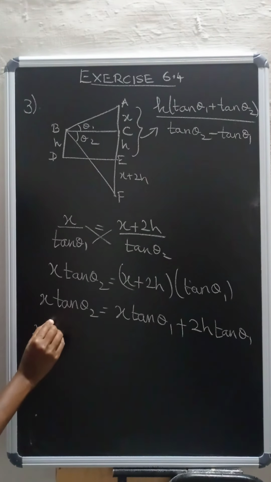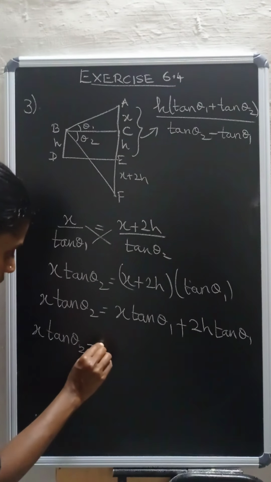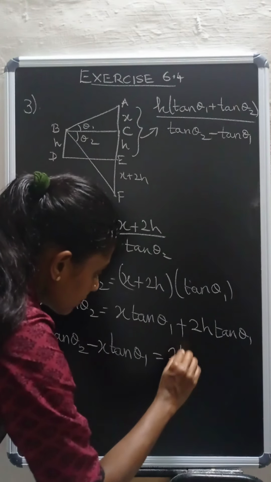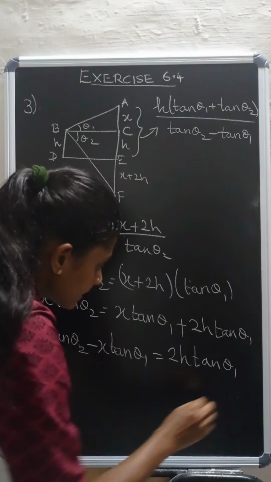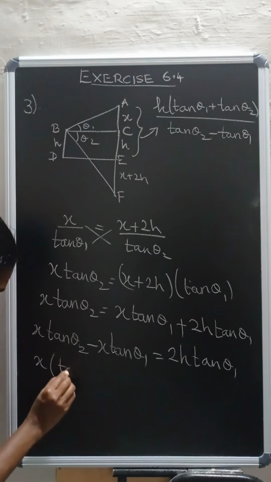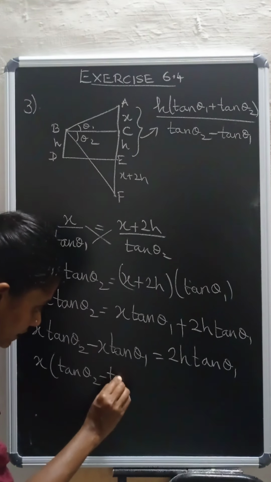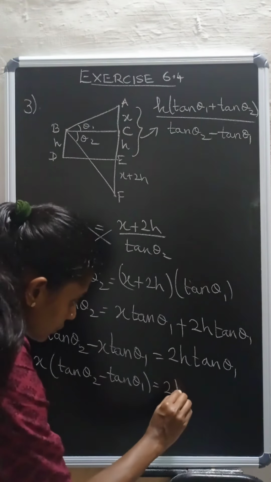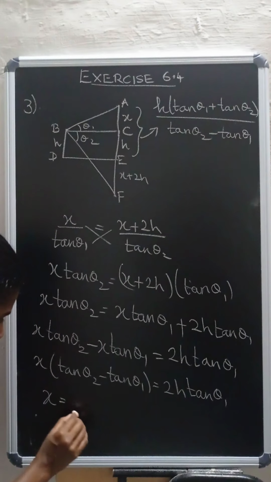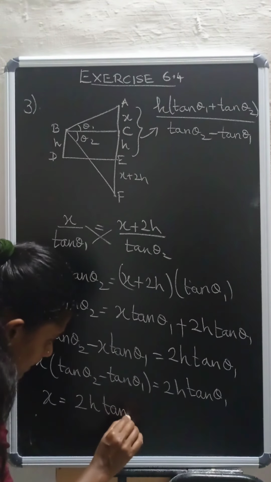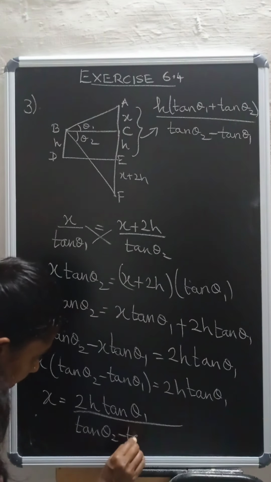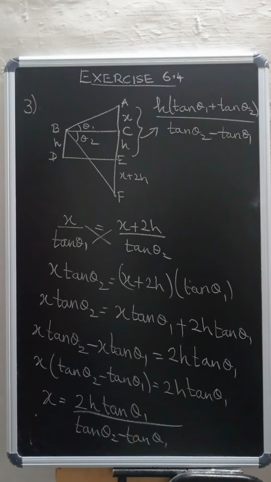Bring x together: x tan theta 2 minus x tan theta 1 is equal to 2h tan theta 1. From here take x common out, you will get x (tan theta 2 minus tan theta 1) is equal to 2h tan theta 1. So now x is equal to 2h tan theta 1 divided by (tan theta 2 minus tan theta 1).